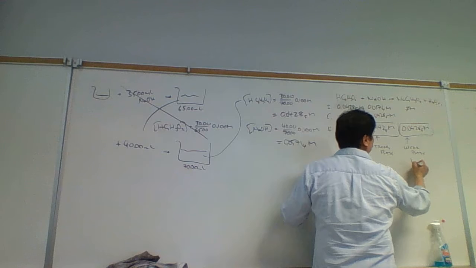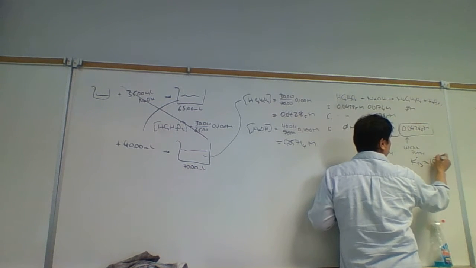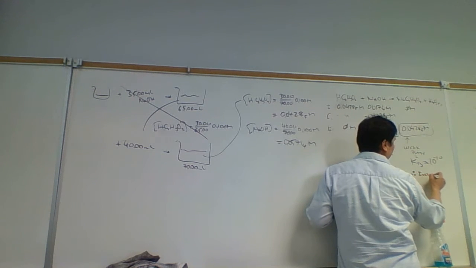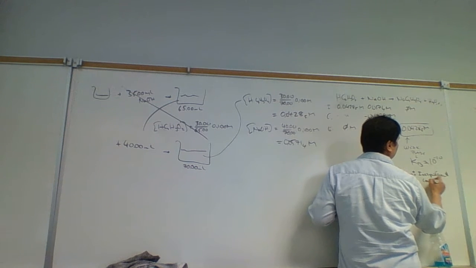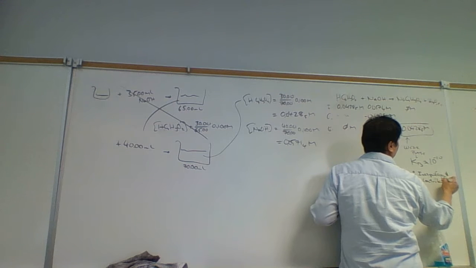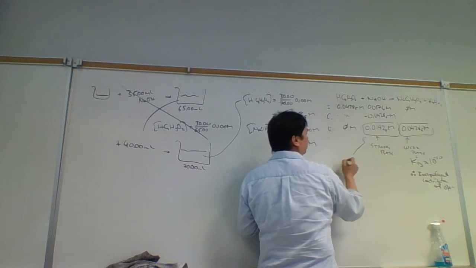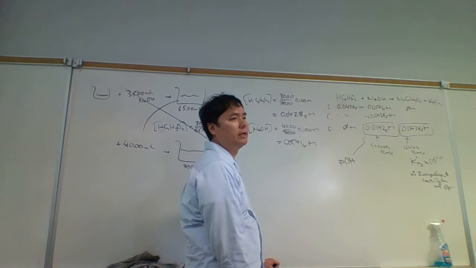So we'll just say this weak base has a Kb of about 10 to the minus 10, which means it should be an insignificant contributor of hydroxide. And so we're going to stop here with the calculation and figure out the pOH.